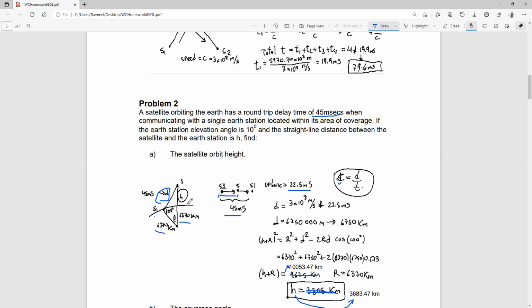So using the cosine rule, we can write the cosine rule for this particular side.